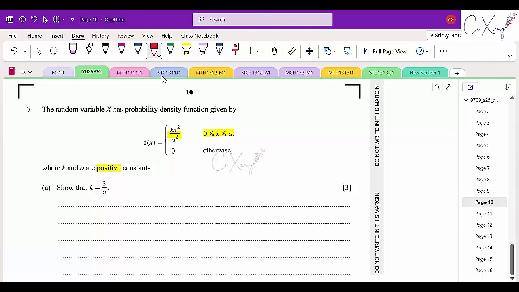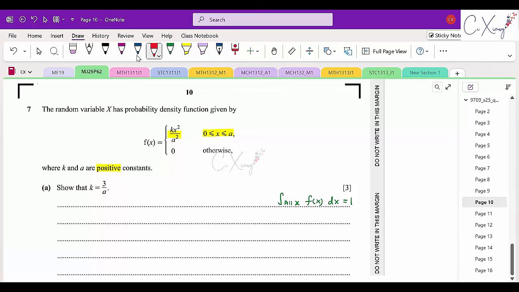When we want to find any constant or unknown from the function in a continuous random variable, there is one very useful piece of information: if you integrate the function over all the limits of x, it always equals 1. This is very helpful for finding the unknown or constant term in the function itself.